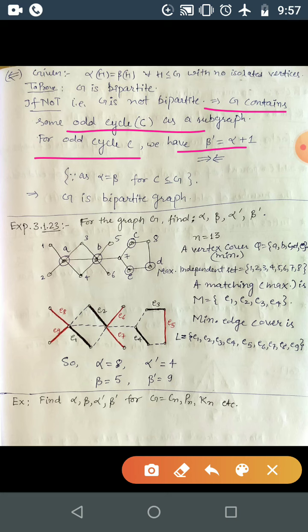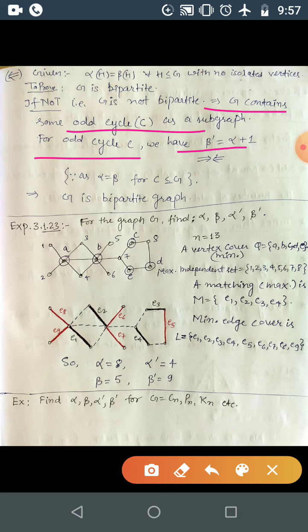The minimum edge cover cardinality is equal to independence number plus 1, or minimum edge cover cardinality is greater than independence number.